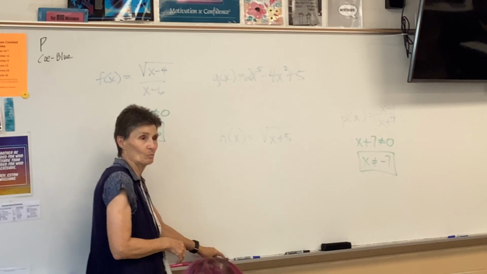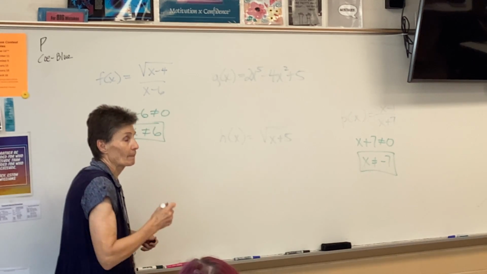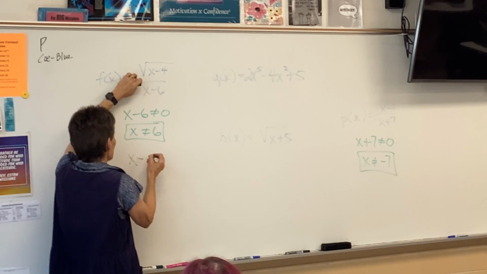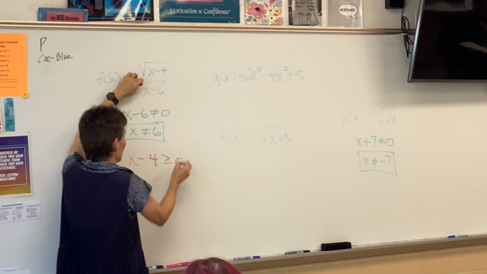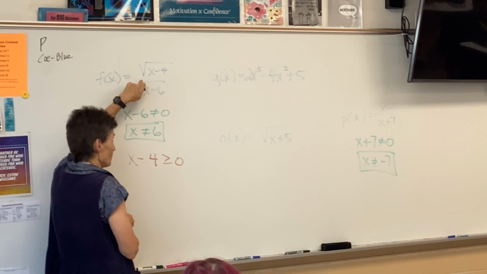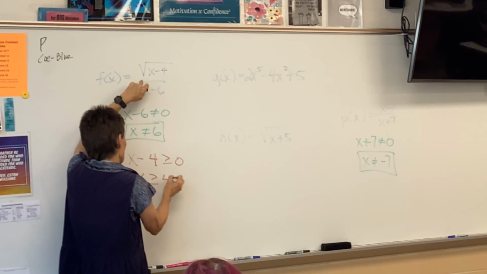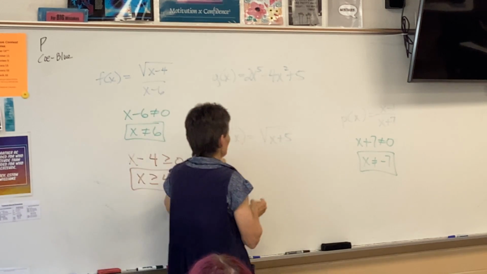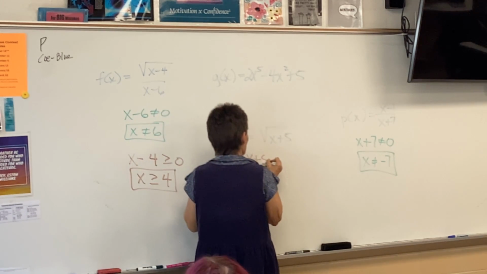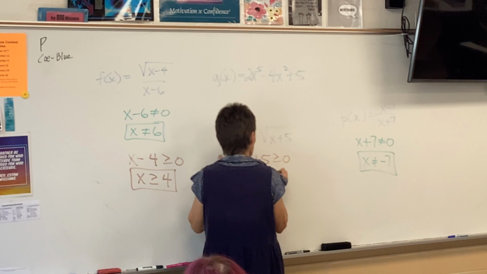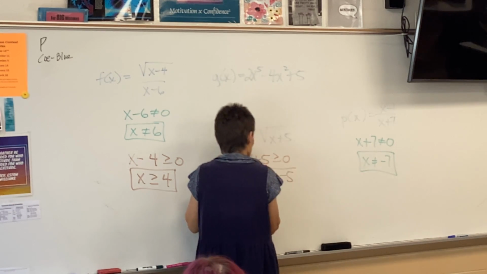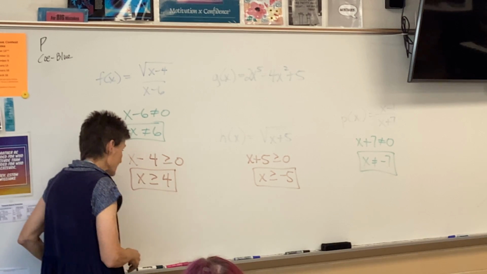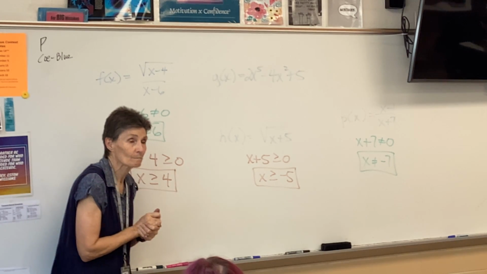What is my second rule? If it's under the radical, it has to be bigger than or equal to 0. So the green is one rule.